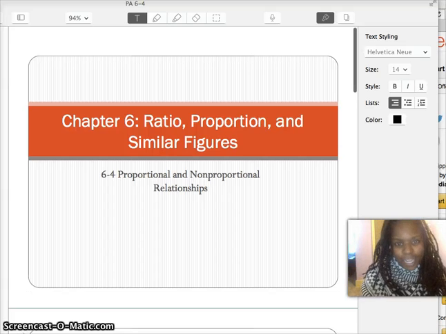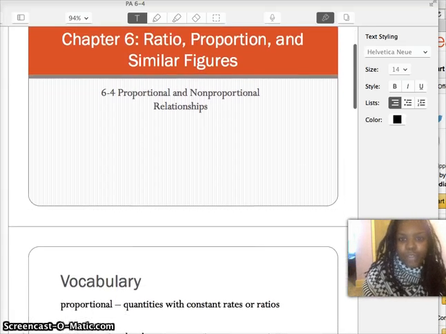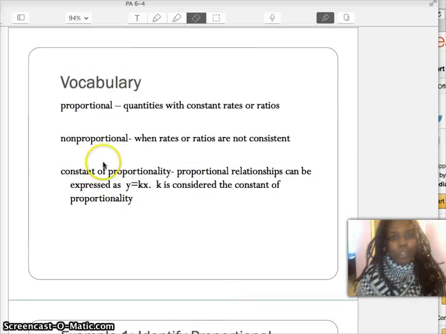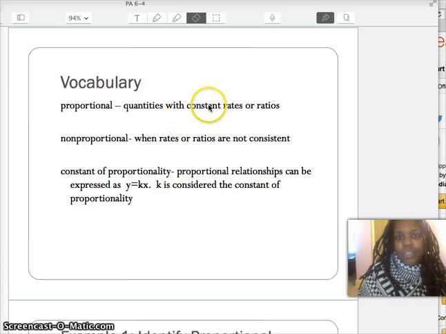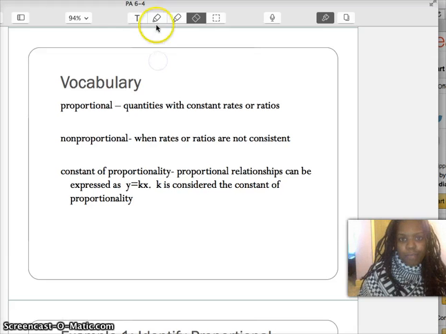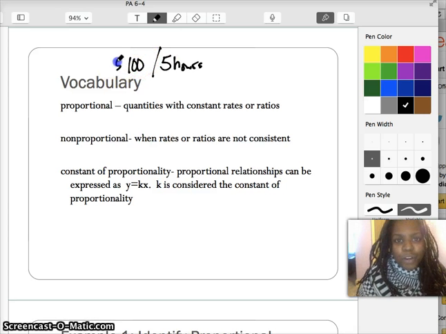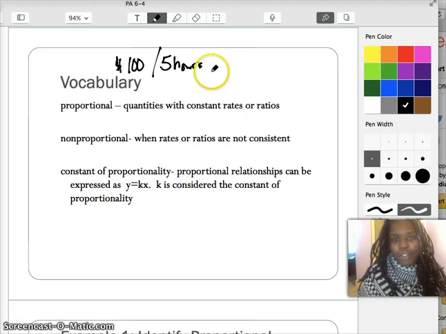So we are in chapter 6, still looking at proportional and non-proportional relationships. Here is our vocabulary. Proportional means quantities with constant ratios. Let's say for every 5 hours somebody works, they get paid $100.